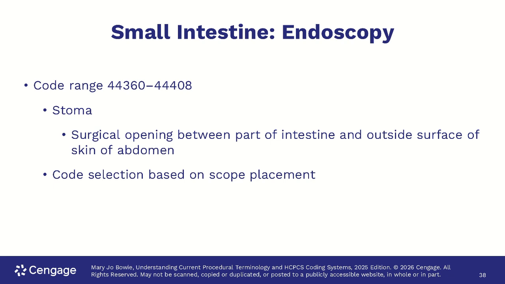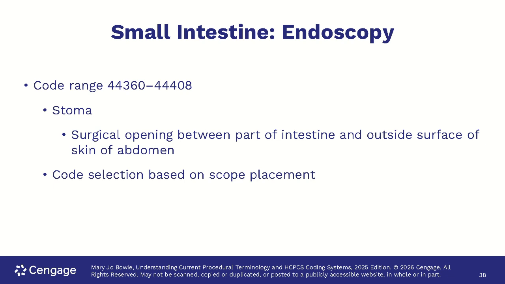So, speaking of endoscopy, we have small intestine endoscopy. One of the things you want to pay very, very close attention to in this area is the word stoma. A stoma is a surgical opening between a part of the intestine and the outside surface of the skin of the abdomen.